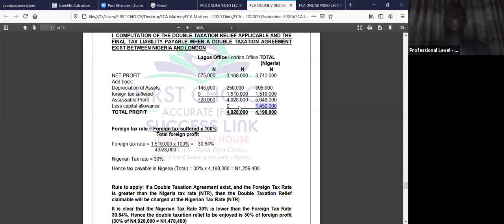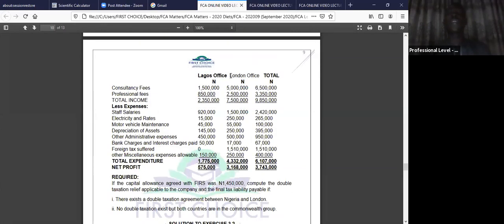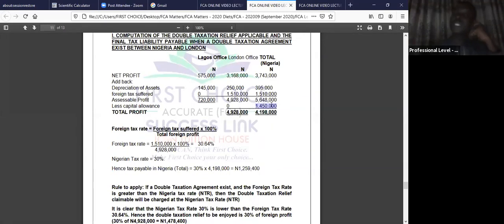One, you can assume that because they said it was agreed with the FIRS, it may be that it is London office capital allowances that was agreed with FIRS. So you can repeat it here. But the best is, if you're in doubt, prorate it according to the accessible profit. So all you need to do is, for you to get that of London, you will say this figure divided by this figure multiplied by this, you will get what will be here.